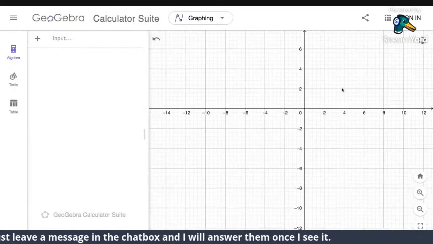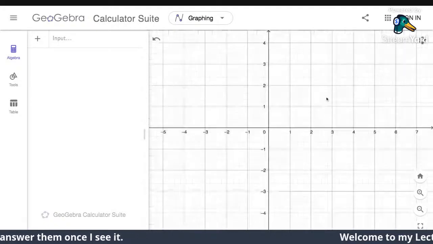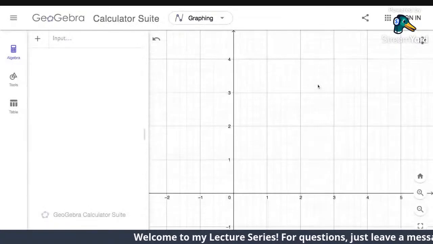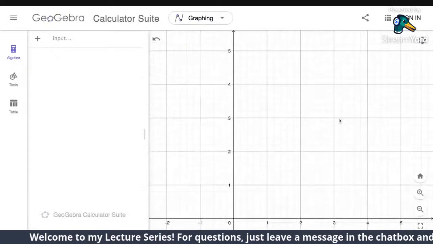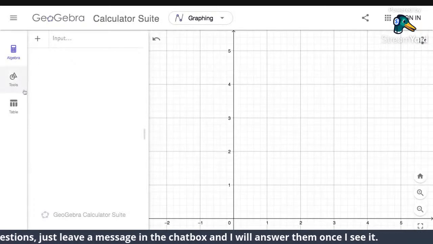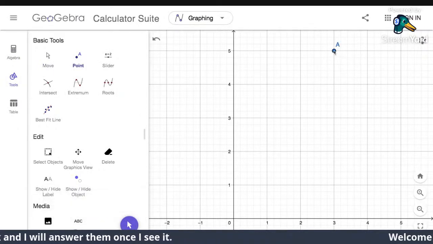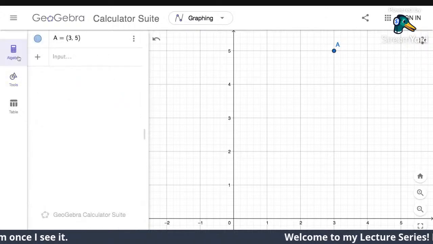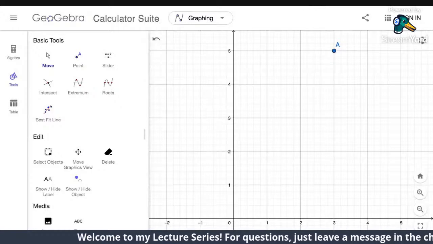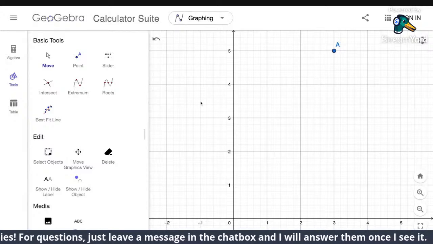So let's find out where they are. So we have here 3, 5. I haven't used this app for a long time. Let's see if it is 3, 5. Yeah, that's 3, 5. And then the other point in the example is 3, 1. So we have here 3, 1.